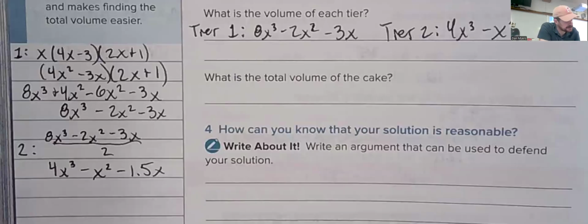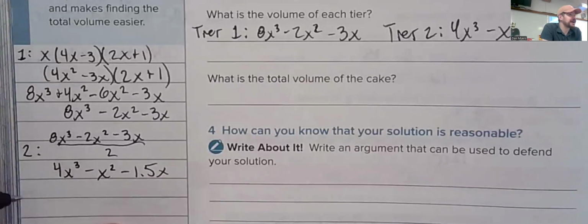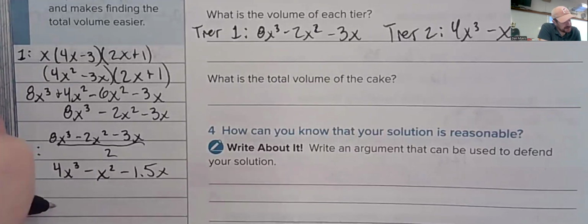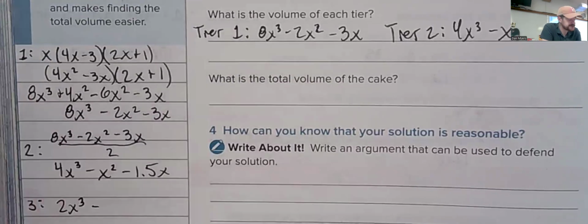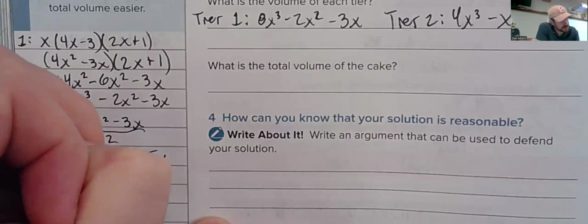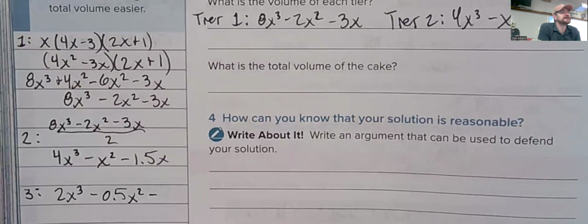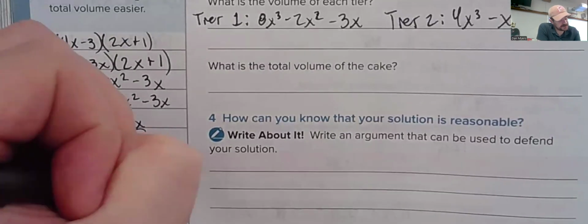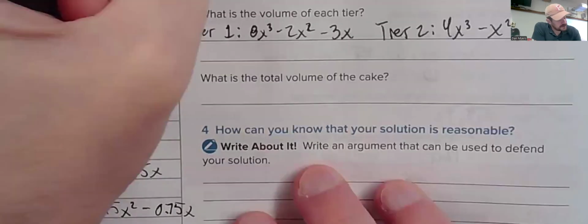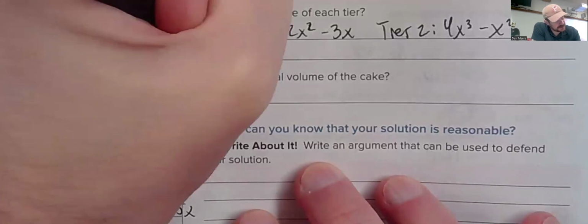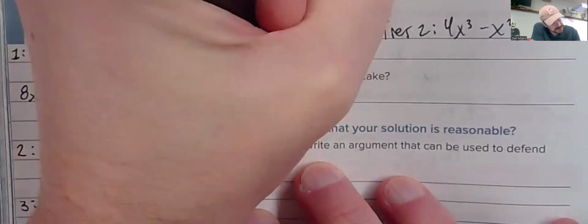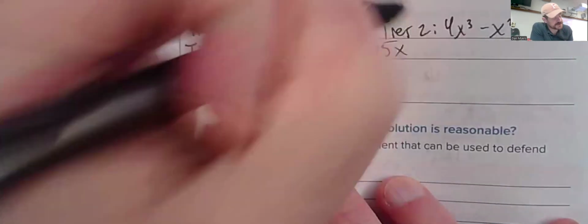All right. And then tier 3 is equal to half of that, right? So tier 3 would be 2x cubed minus what? 0.5x squared minus, what's half of 1.5? 0.75x. All right. So tier 3 is 2x cubed minus 0.5x squared minus 0.75x.